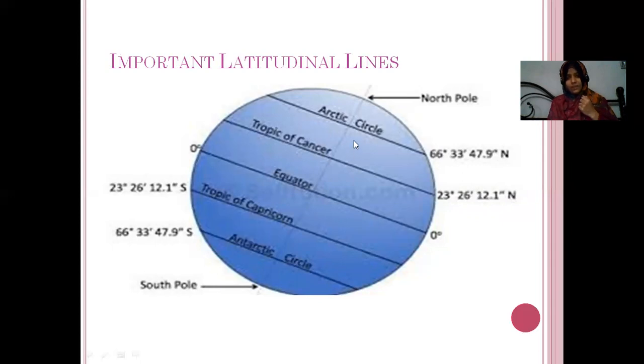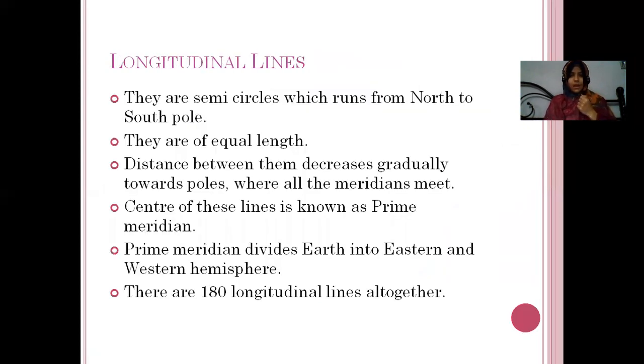If you move further towards the north, at 66 degree, you can see the Arctic Circle. Similarly, if you move down from the equator towards the south at 23 degree, you can see Tropic of Capricorn. And if you move further towards the South Pole, you will reach the Antarctic Circle, that is at 66 degree.